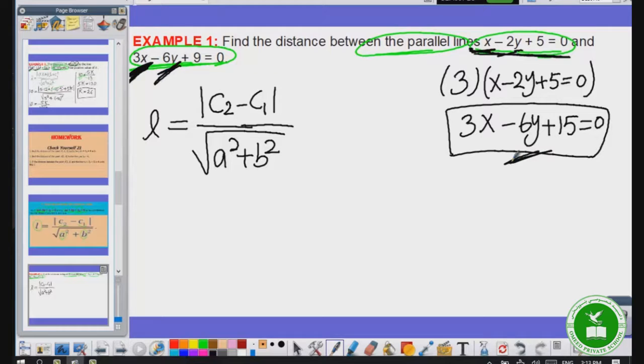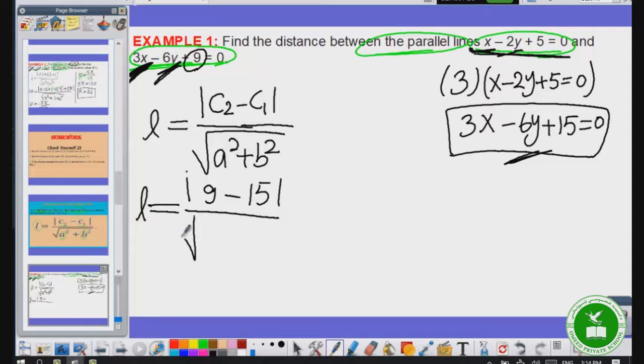Now we can plug in the values. Distance is equal to C2 minus C1. You see C2 is 9, 9 minus C1 is 15, 15 divided by under root A square.